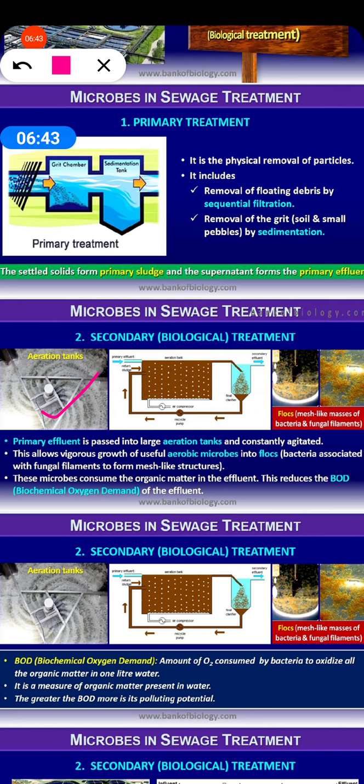Otherwise, in the sewage, the value of the BOD is very high. So what happens? The microbes consume organic matter, and when they consume the organic matter, they reduce the biological oxygen demand. What does it mean? That the bacterial pollution is not there in the water, so the oxygen demand will decrease.